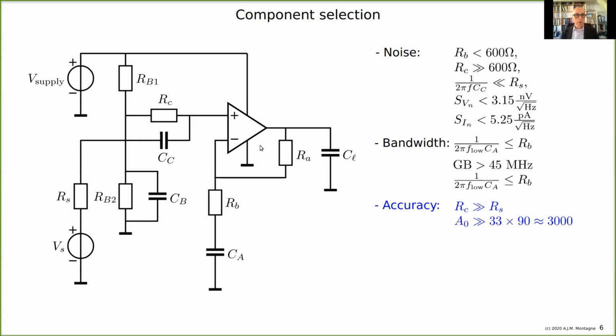So I have attenuation, and I have a voltage gain that I want. So let's say if I want a 3% error or so, that's here, then you have 33 times 90, which is 3000 you need. For the drive capability, about 5 milliamps, this slew rate, and a saturation voltage from the positive and the negative rail of less than 0.25 volt.